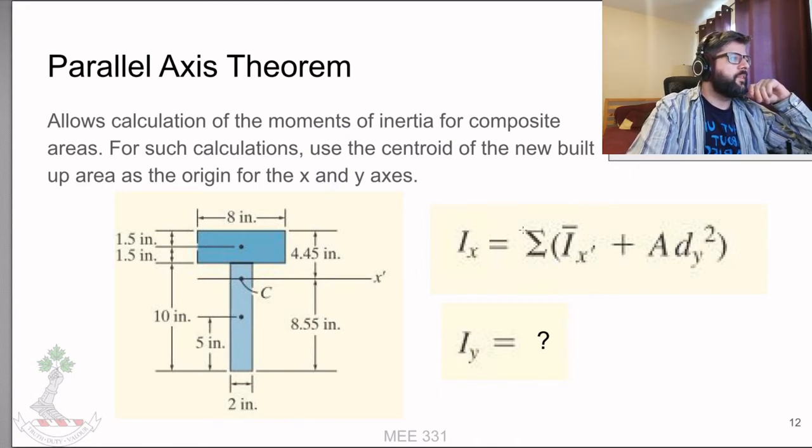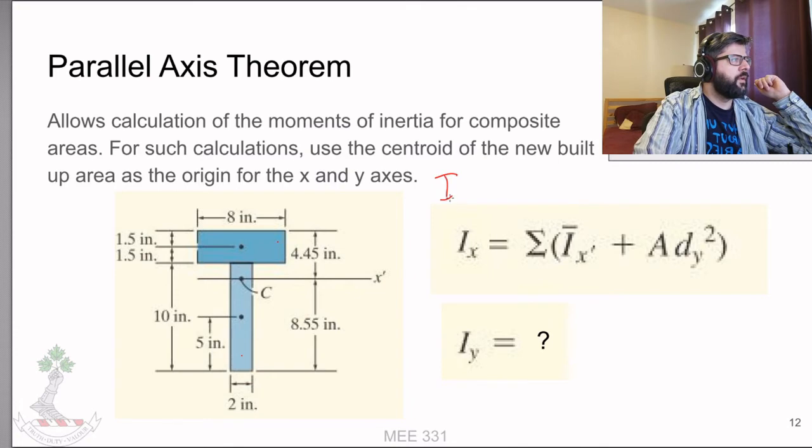So in this instance, for Ix, you'd basically just sum up the Ix prime plus the A dy squared for each of these two rectangular shapes that you're building.